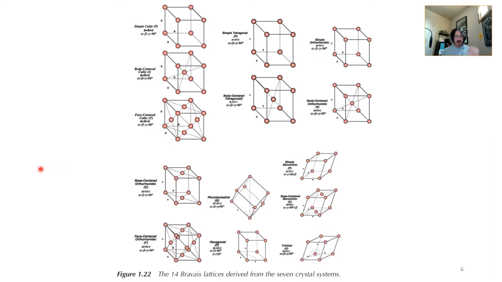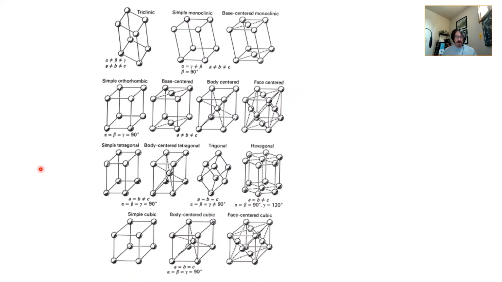I should have this memorized. Alpha equals beta equals gamma, but none of them are equal to 90 degrees. Okay, so that's rhombohedral. On other Bravais lattice structures, rhombohedral becomes replaced with trigonal, and it's a little bit easy to read. So anywho, 7 crystal systems, what are they?